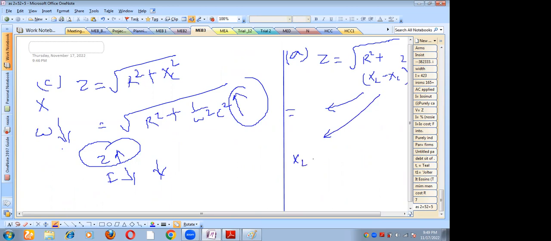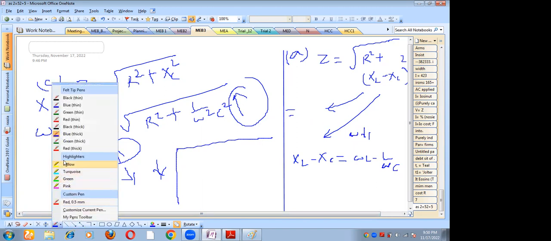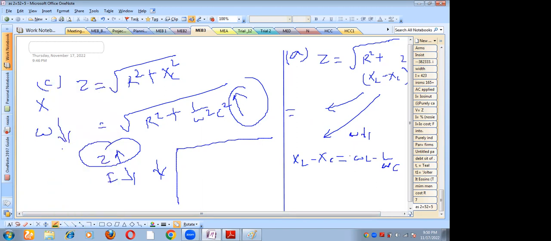So if you see, XL minus XC is omega L minus 1 by omega C. So when omega decreases, obviously this term will decrease, this term will increase.